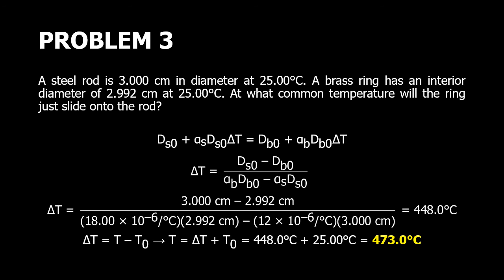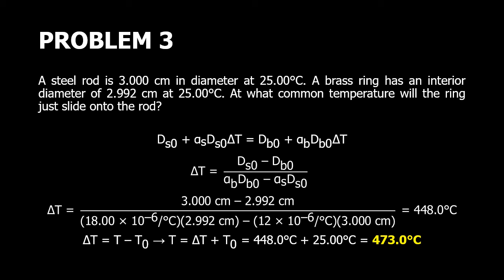In the table of coefficients of linear expansion, for brass we have 18 times 10 raised to negative 6 per degree Celsius, while alpha S, or alpha of steel, is equal to 12 times 10 raised to negative 6 per degree Celsius. By substituting them in the equation, we have delta T equals 448 degrees Celsius.